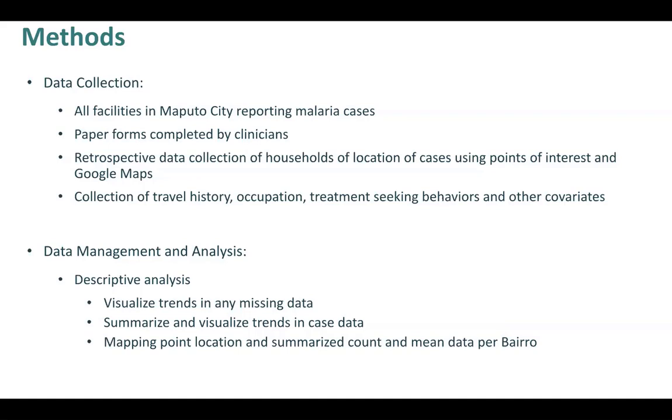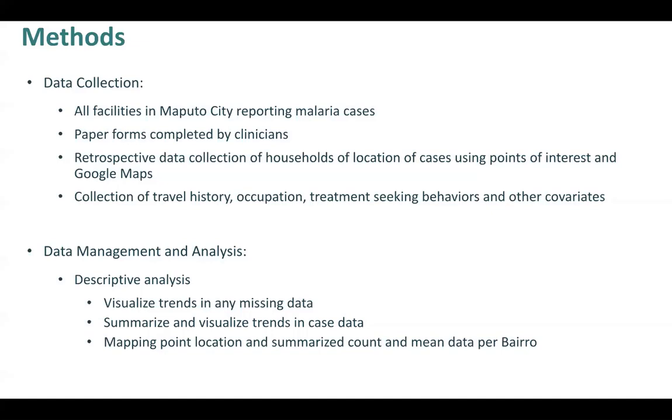Next slide, please. Just a bit of the methodology. This whole approach was trying to adapt the programmatic use of the current surveillance system to be more efficient and include more granular information in the elimination, very low transmission context. So we looked at the health facilities in Maputo City and introduced case notification forms, paper-based initially, that collected demographic information as well as travel history and place of residence.